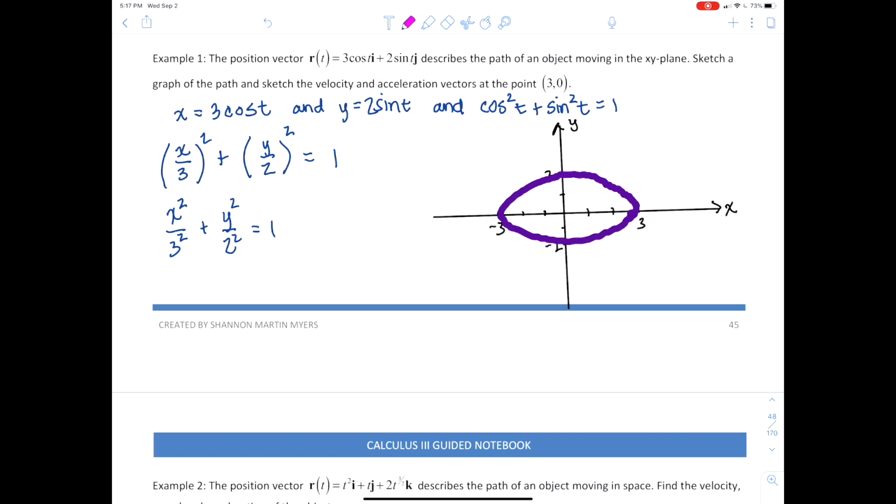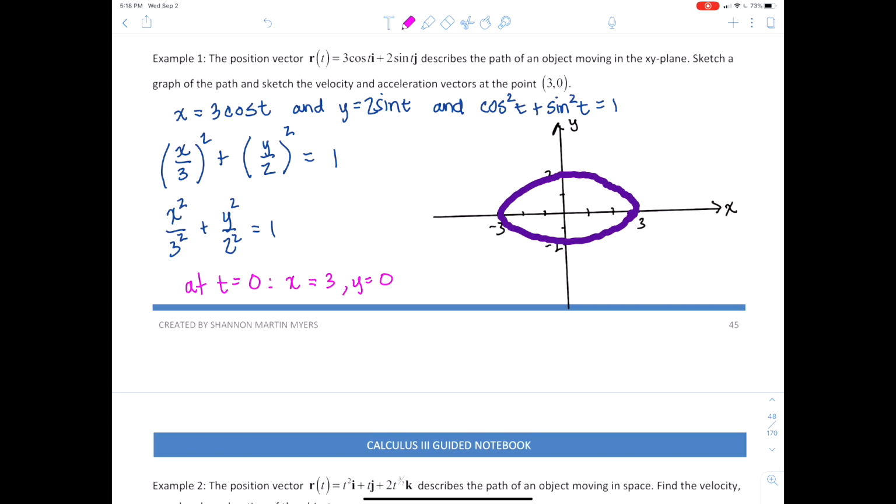At t equal to 0, what do we get? Well, x would equal 3 times cosine 0, so that would be 3, and y would equal 2 times sine 0, which would be 2 times 0, which is 0. So we know that it starts at (3, 0).